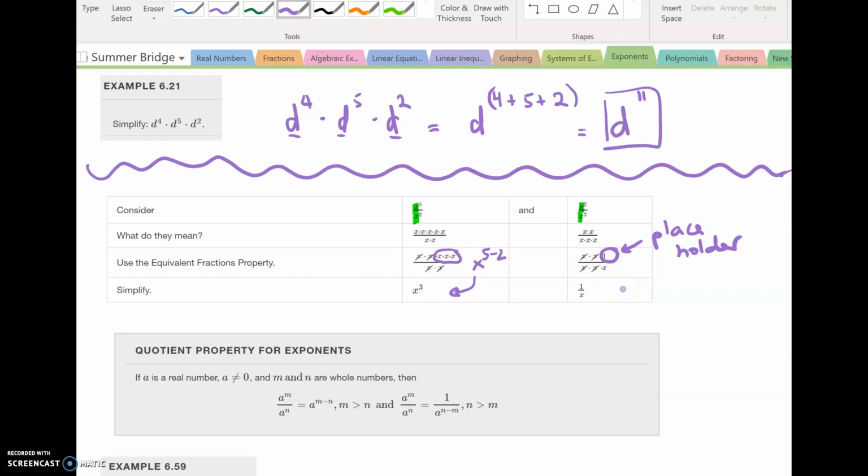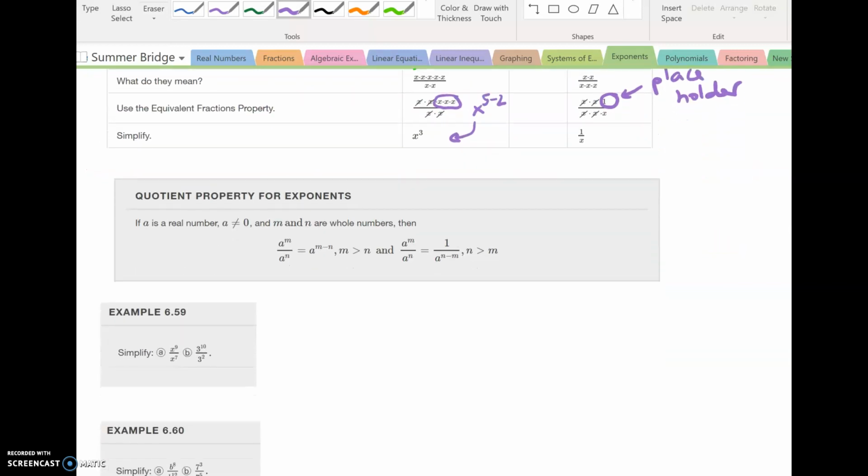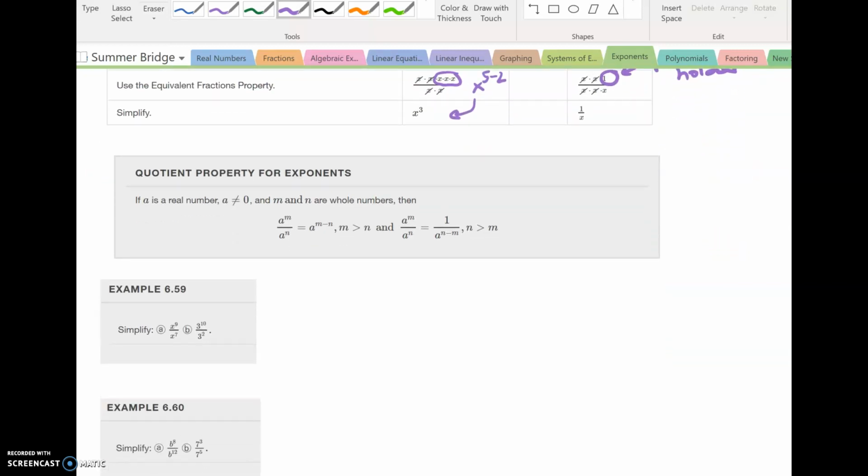Now, here's the official property. So again, notice I have the same bases. We have a and a for all of these, and you're going to end up with an a. Okay, and then I'm looking at my exponents, and really I'm subtracting. Okay, same thing here.